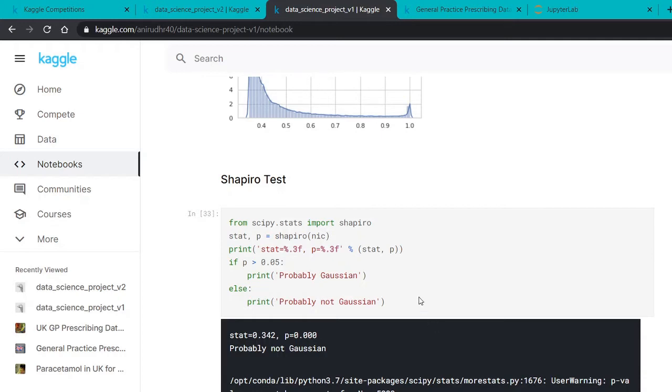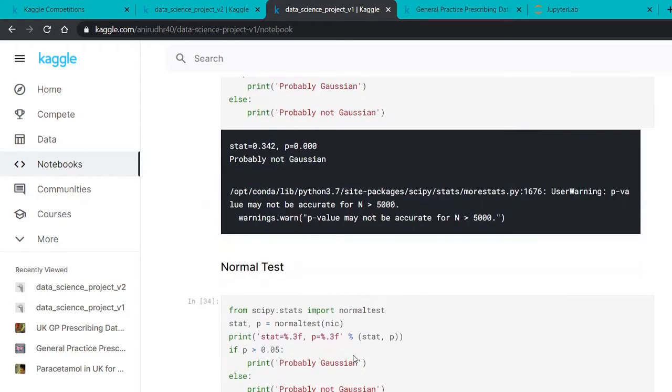NIC is net ingredient cost, and then we got the p-value. If the p-value is greater than 0.05, then with 95% confidence we can say that the curve is Gaussian. Otherwise, we can say it is probably not Gaussian. Looking at the p-value, it is not greater than 0.05, so it is not Gaussian.